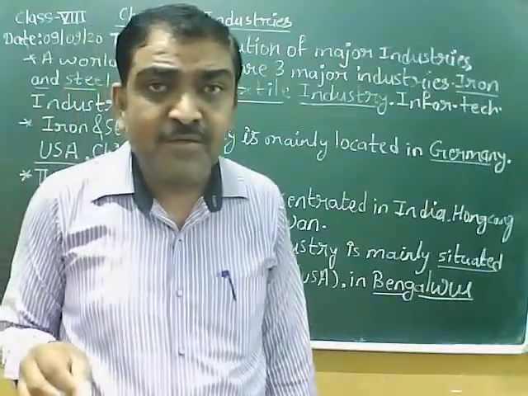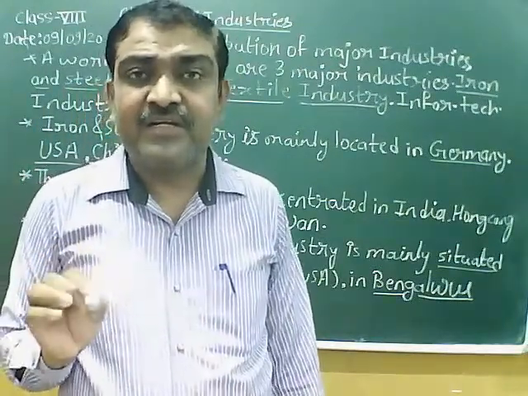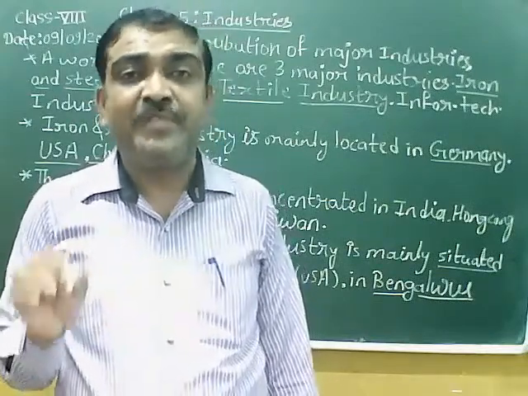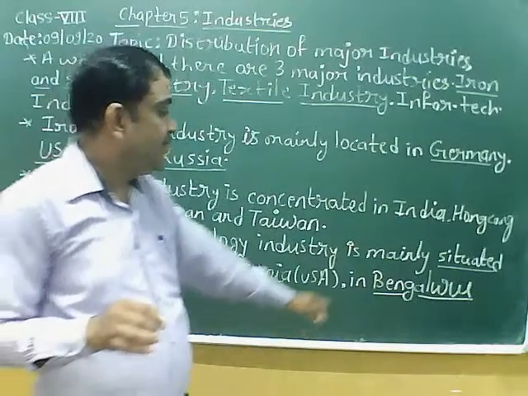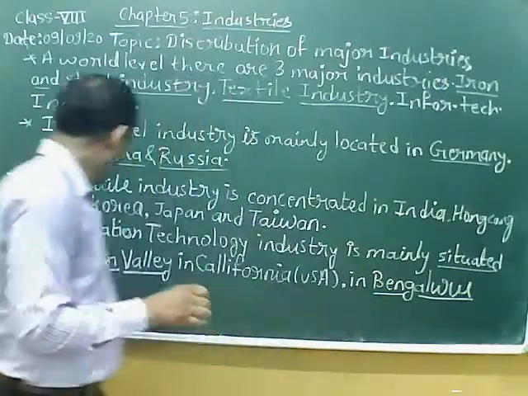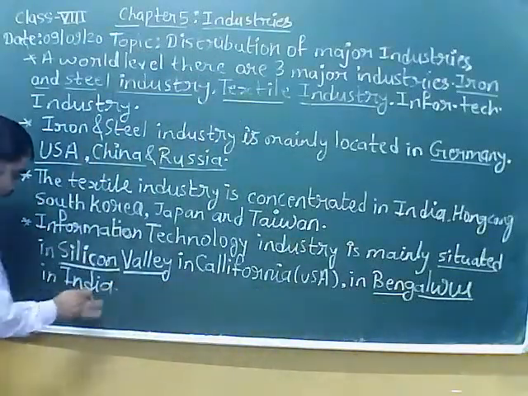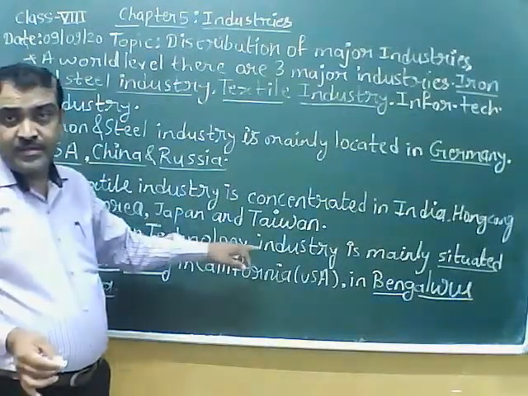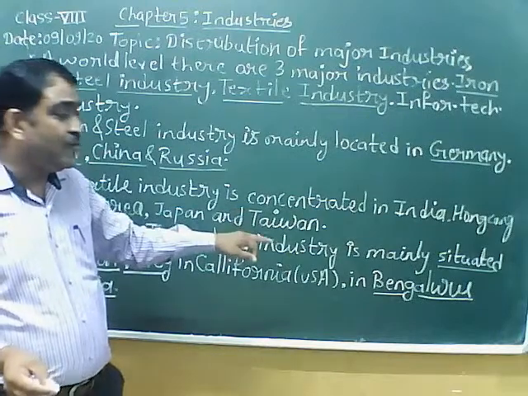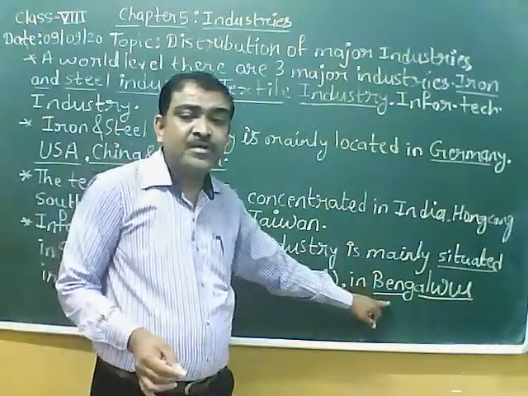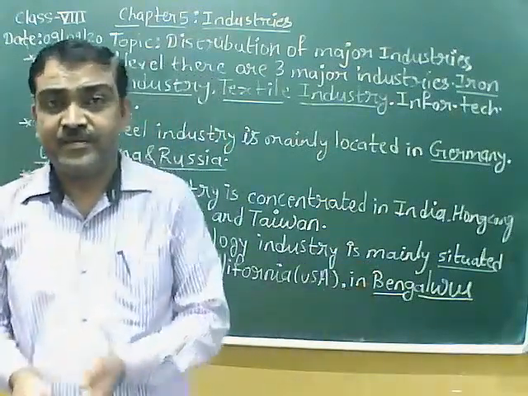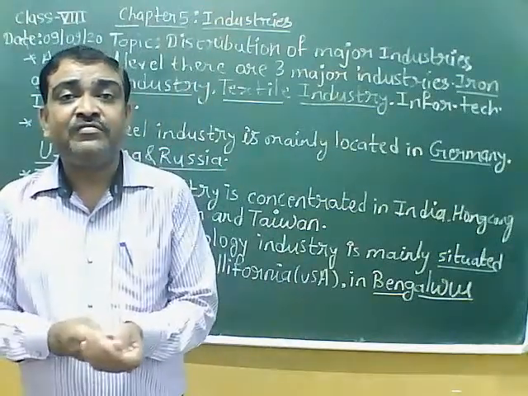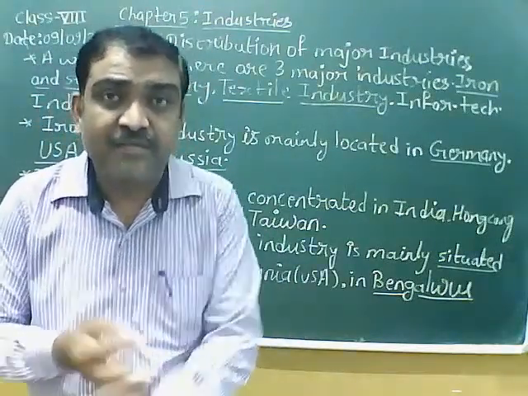But the government of state Karnataka has changed the name of Bangalore. Okay. So in case of India, the information technology is mainly concentrated in which city? Bangalore in India. Okay. So this is what about the distribution of major industry.